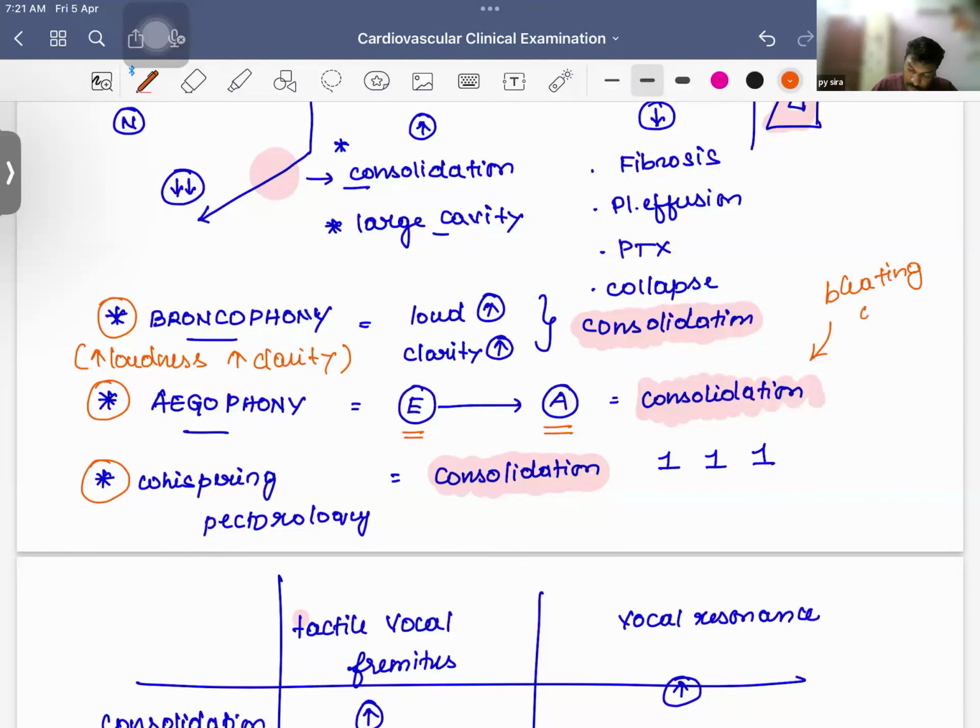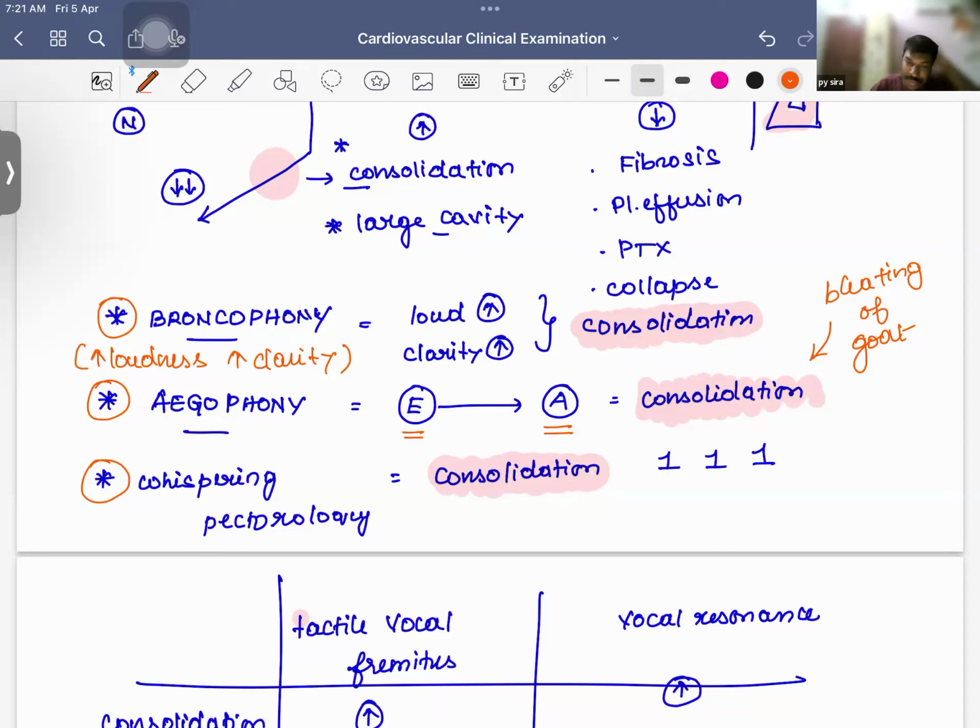When I say E, it sounds like ye. So this is the bleating of the goat, called egophony.